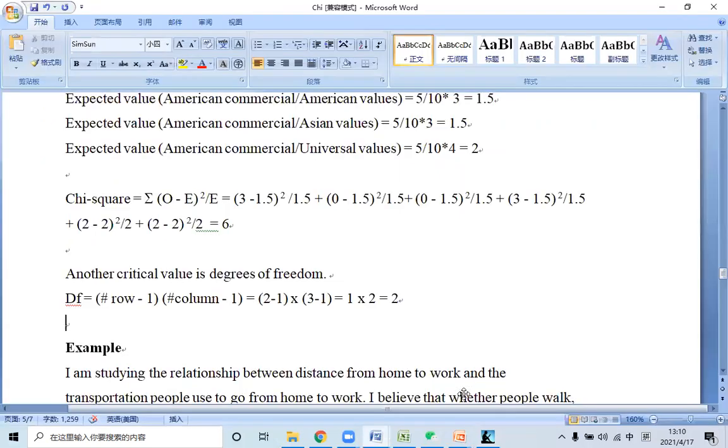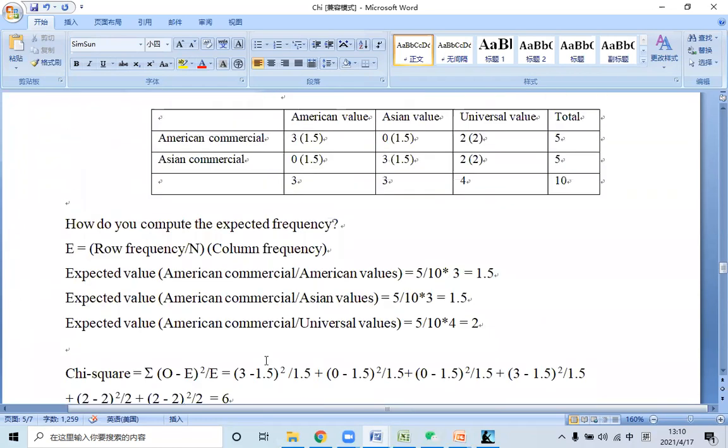Again, you need degrees of freedom. Degrees of freedom for this contingency table is the number of rows minus 1, times the number of columns minus 1. Here, how many rows do I have? 2 rows.